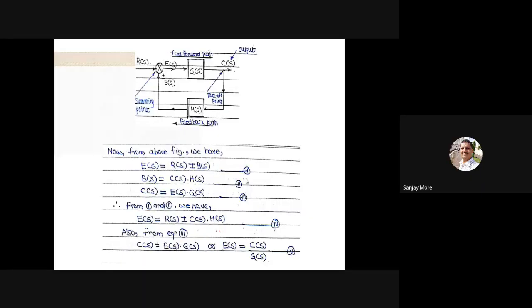Also from equation number 3, C(S) is equal to E(S) into G(S), or E(S) is equal to C(S) divided by G(S). This is equation number 5. Clear? Any doubt, any question?